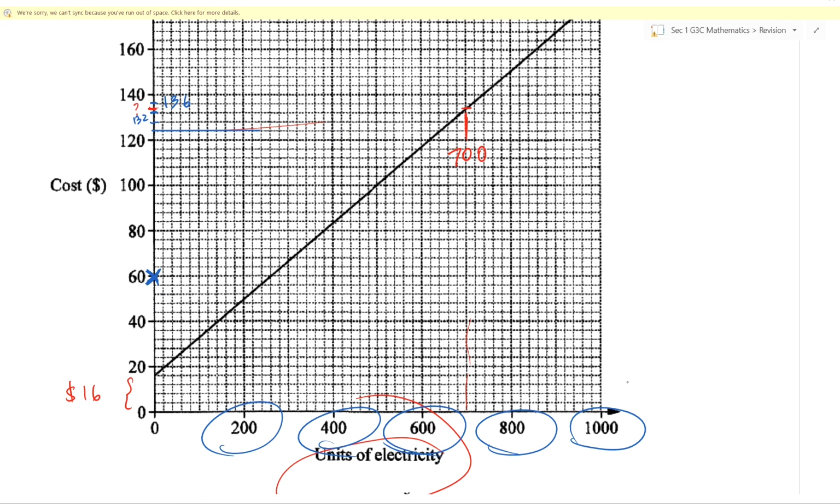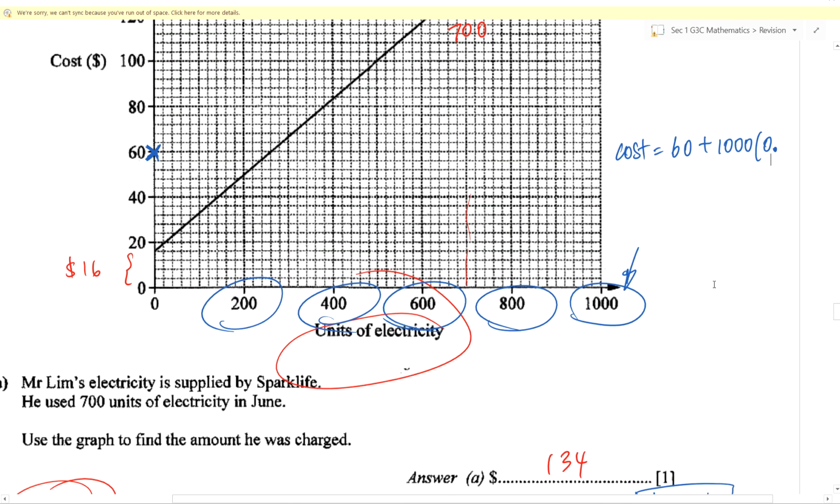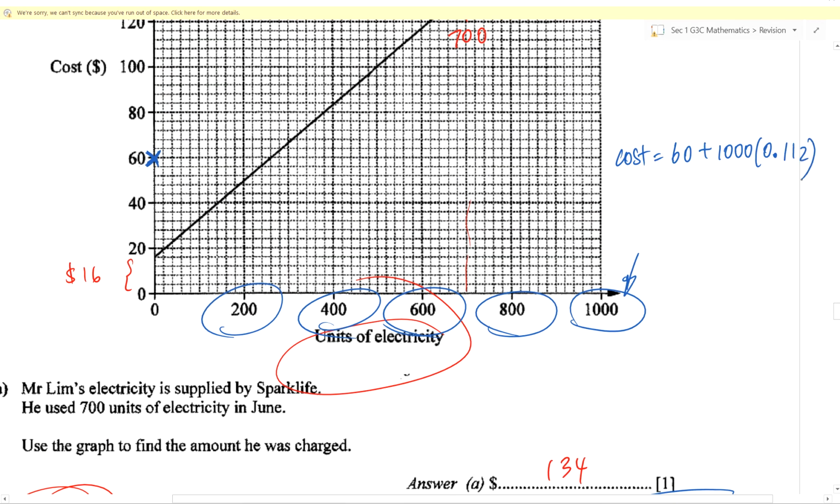So let's find out how much it costs if I use 1000 units of energy. So for 1000, the cost is going to be, sorry, not 600, 60. That's the original, plus 1000 times of 0. How much did they say it costs? 0.112. So this is the cost right at the end.